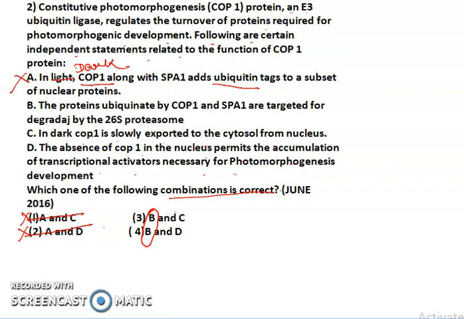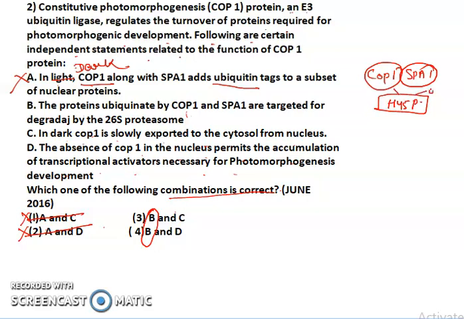Now, still we will discuss about this point. The protein ubiquitinated by COP1 and SPA1 are targeted for degradation by 26S proteasome. Yes, it is also the correct statement. This statement tells that the COP1 and SPA1, which was targeting the protein, it was the HY5 protein.